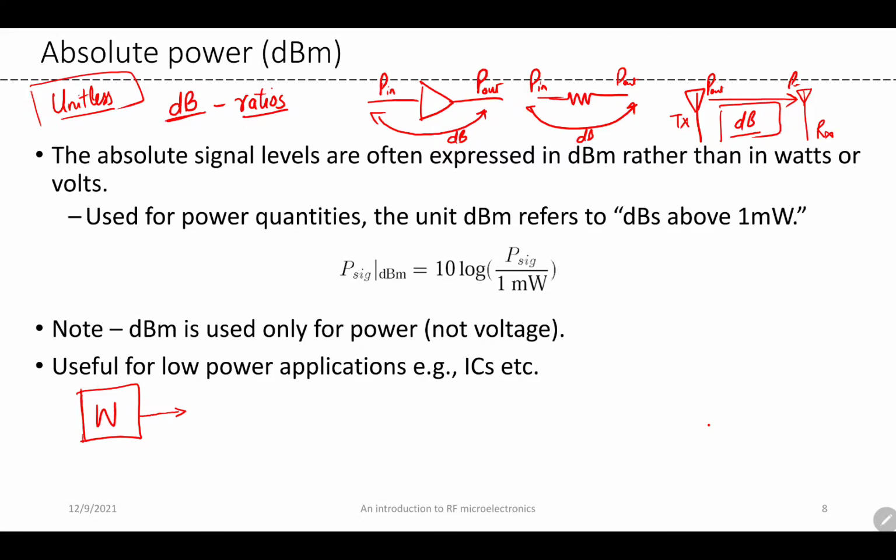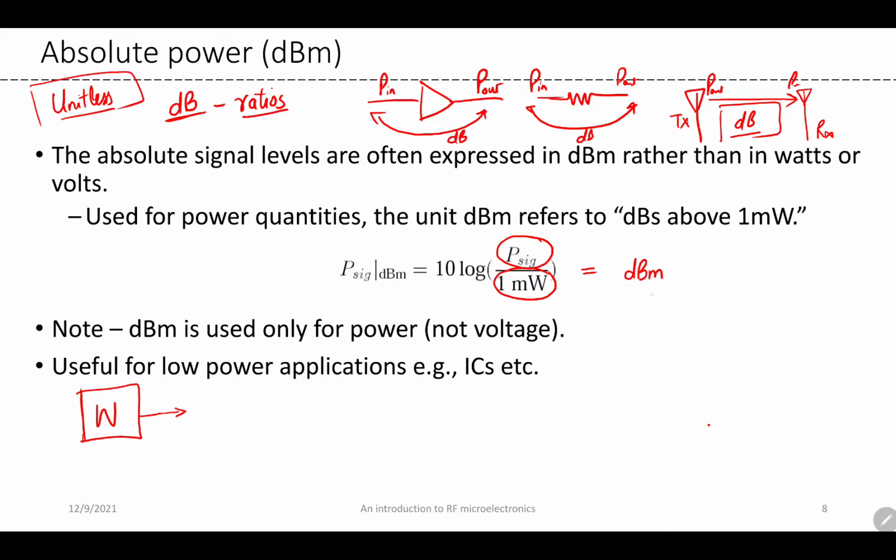And the way to do that is we compare any signal power with 1 milliwatt. And with that number, we again take a ratio, and that ratio we then express in a number which is called dBm.